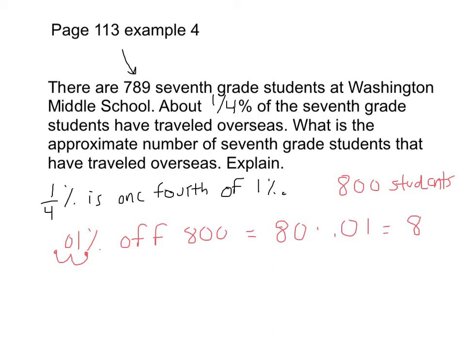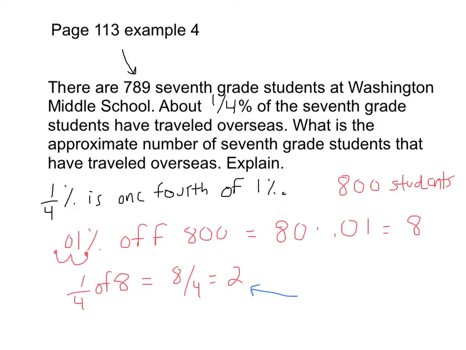We want 1/4%. So 8, well, 1/4 of 8, right, is 8 divided by 4 is 2. So about 2 7th grade students have traveled overseas.